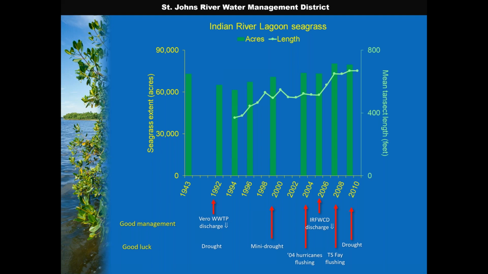But we also had good luck. We had a fairly dry period of time. And when we did have rain, like in 2004 with hurricanes and 2008 with Tropical Storm Fay, it was a lot of rain all at once. And that seemed to, in a sense, reset the lagoon almost.